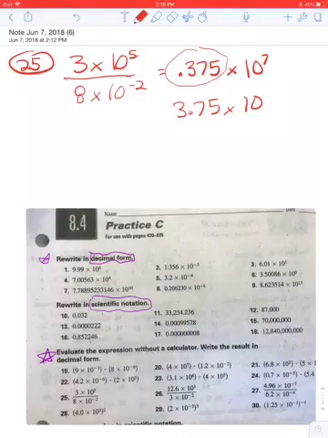And this time, since I had to make the number bigger, I need to make this smaller. And then I also noticed down here it says they need to be in decimal form. So I need to move it 6 places to the right, and the answer to this problem is 3,750,000. I recommend starting on B and moving towards C.